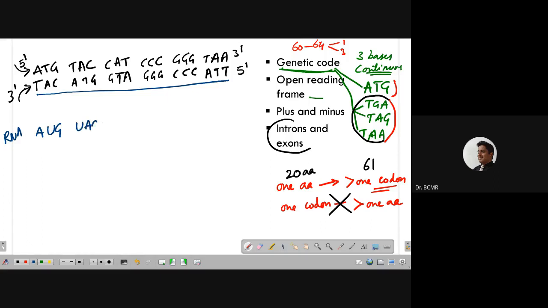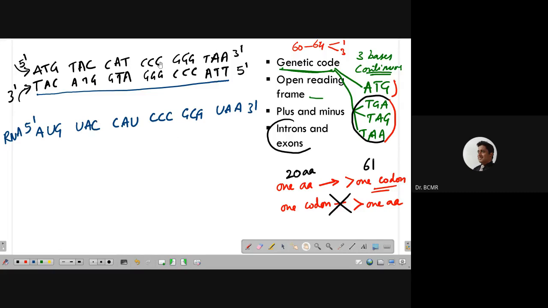So UAC, CAU, CCC, GGG, and UAA. Right? That will be from 5' to 3'. This mRNA sequence that you're seeing now will be produced only if the lower strand acted as a template.